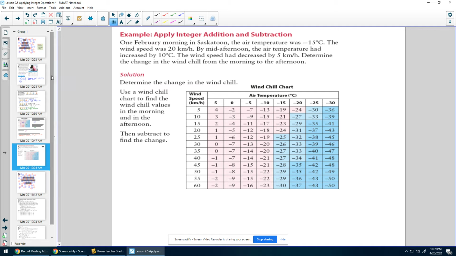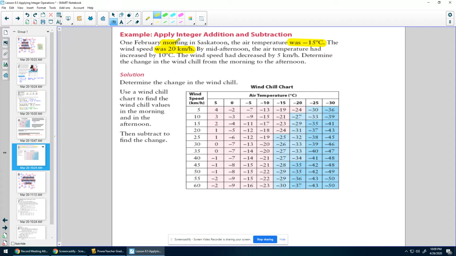Okay, so before we get into the solution, let's just pick apart this problem a little bit. So let's get a highlighter out here, and we're going to pick out key information. So the air temperature was minus 15 degrees Celsius. Wind speed was 20 kilometers an hour.